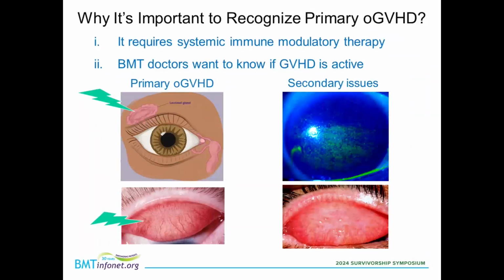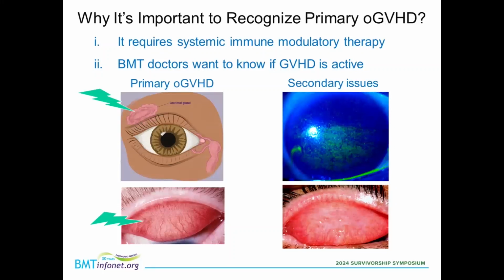The bone marrow transplant team wants to know, is the GVHD active? Because if it's active, that's going to require more involvement of systemic medications. Topical medications largely treat secondary GVHD, and that includes artificial tears, steroids, and the like.